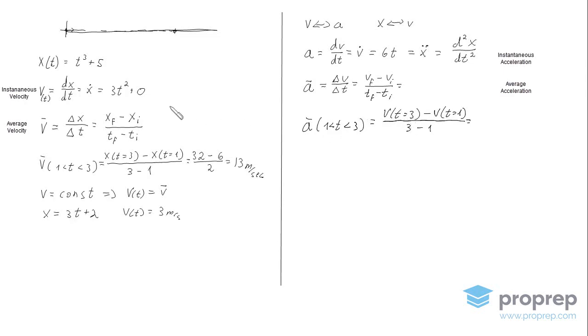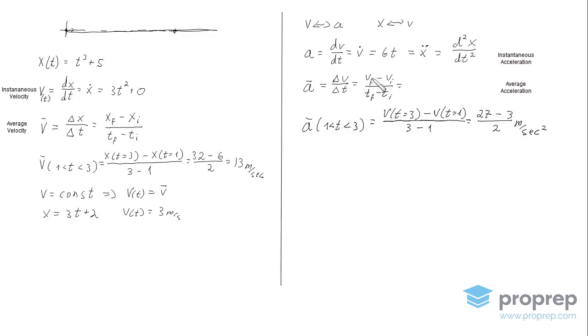If we calculate this, we get 3t squared: 27 minus 3 over 2. And our units here are meters over seconds squared, of course, with the understanding that we're measuring in meters for distance and seconds for time. And now we've calculated our average acceleration. If you want to calculate it out all the way, you get 12 meters per second squared.